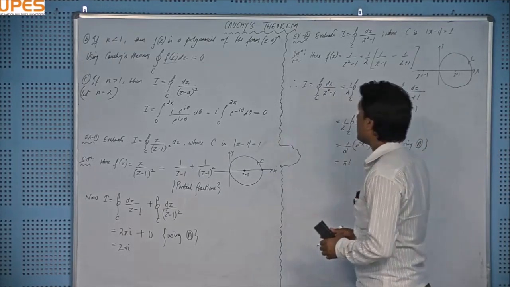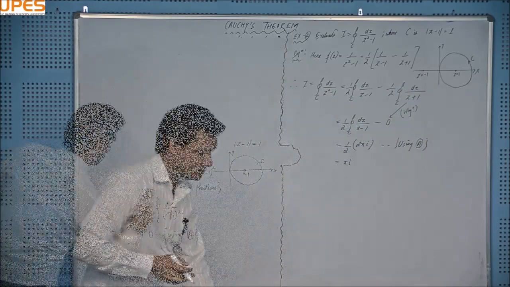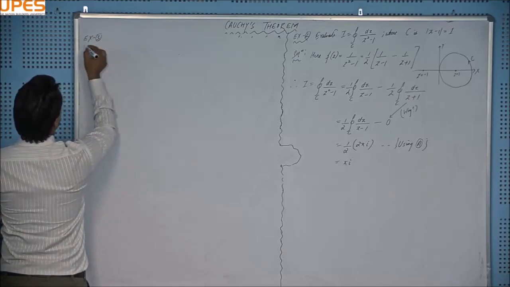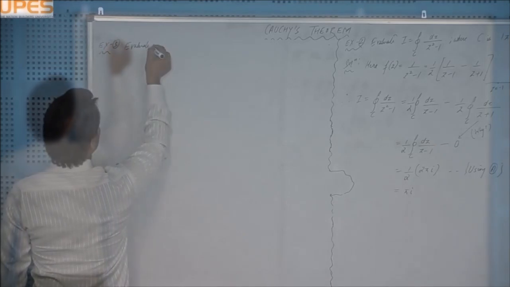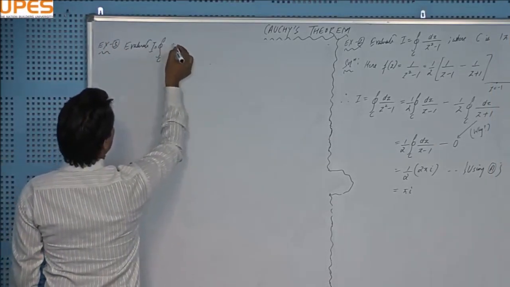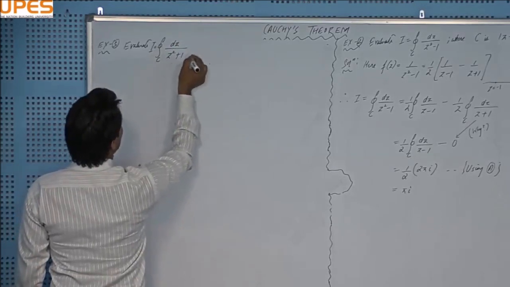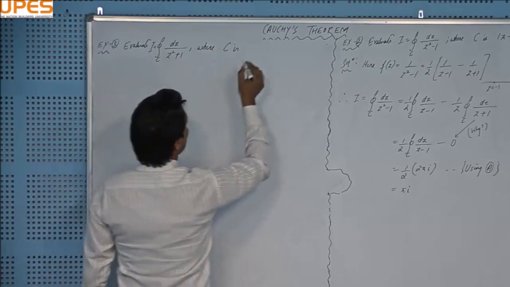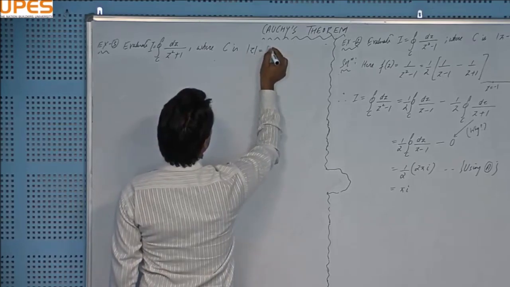Okay, example number 3. And for that I will rub this first. Example number 3. Evaluate integral over C of dz over z square plus 1, where C is mod z equal to 3.